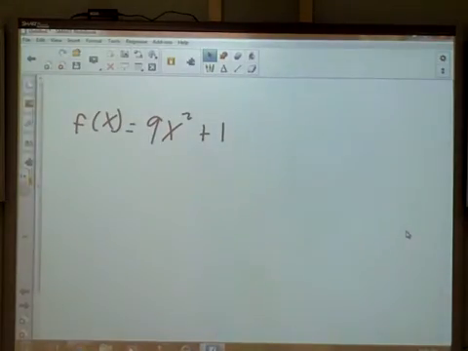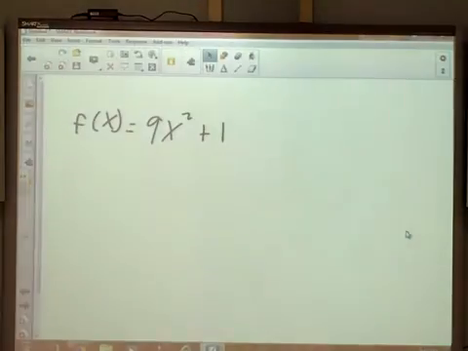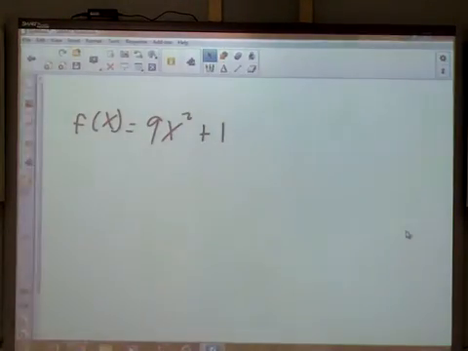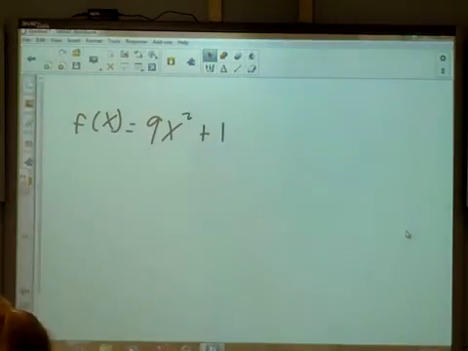When you square root fractions, you're going to leave it over the square root of negative.